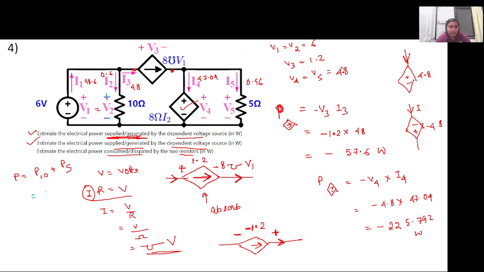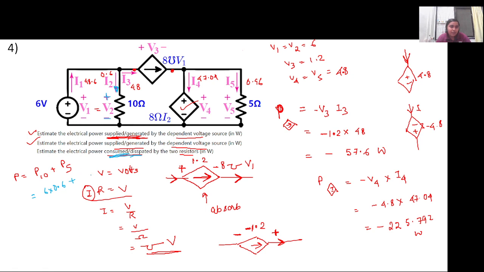So V2 is 6, I2 is 0.6. So 6 into 0.6. In this case, the current is going inside the positive terminal. That means it is absorbing or consuming power. So this is fine, no problem with the sign.